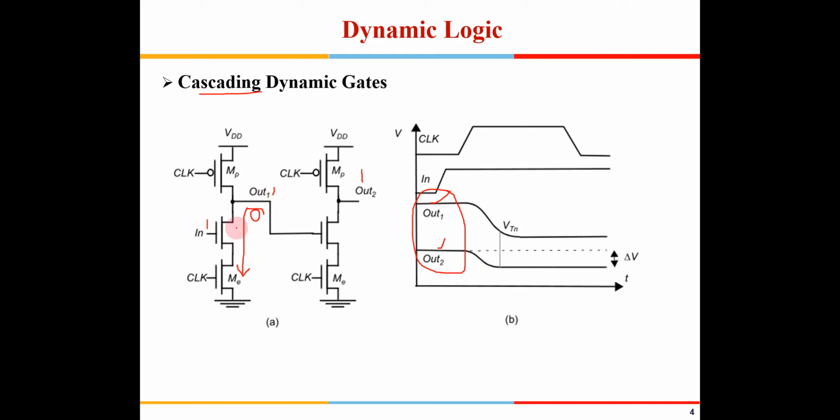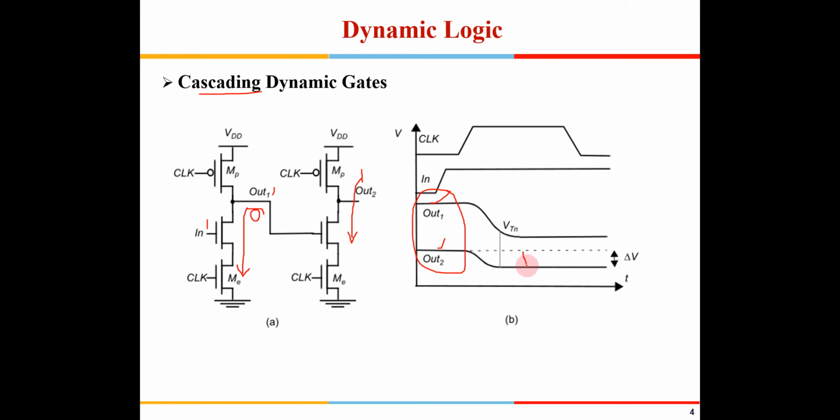During that propagation delay, since it is 1 here, this also starts falling down. This is taking time to die down after the clock goes high. Till this voltage reaches VTN, the cutoff of this transistor, the output also starts falling.